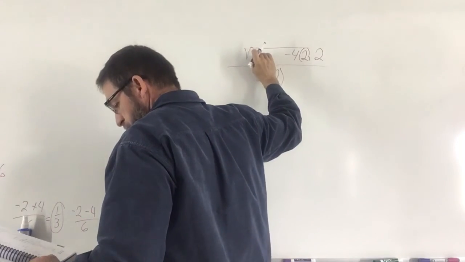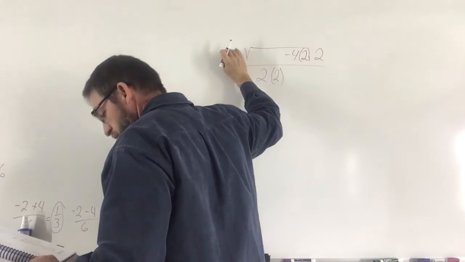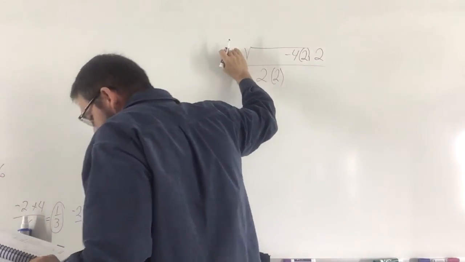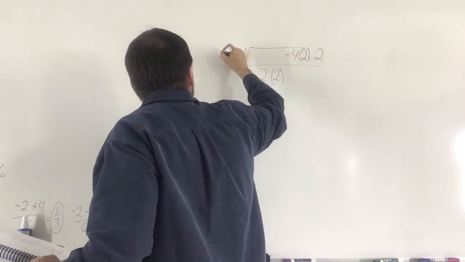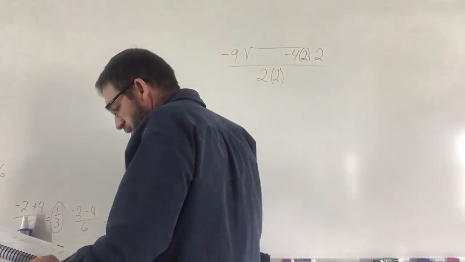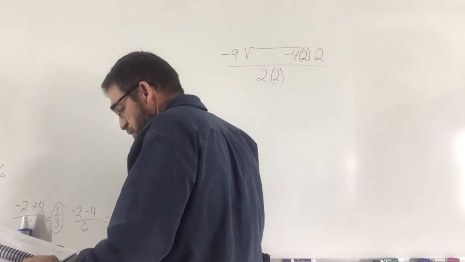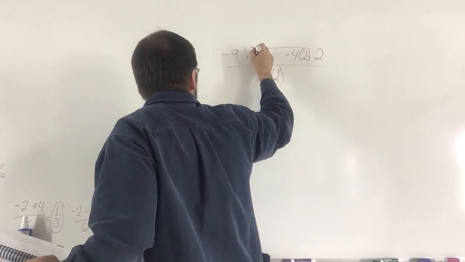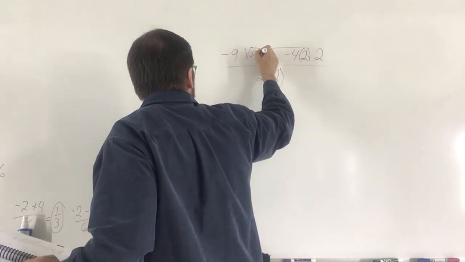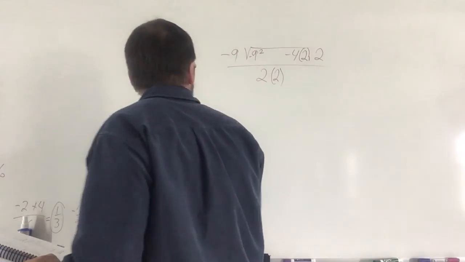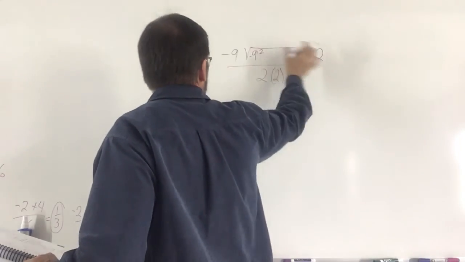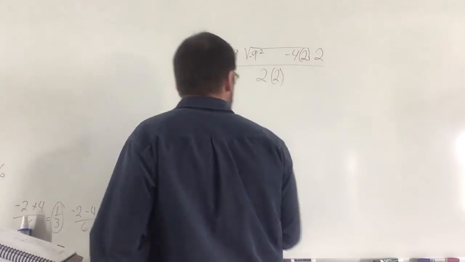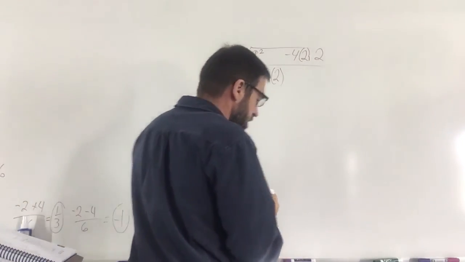And so this first one is going to be, up here I should have negative 9. And the next one is squared, 9 squared. So I should put negative 9 squared. There we go. And these two are added together. Okay, so we're going to start here.